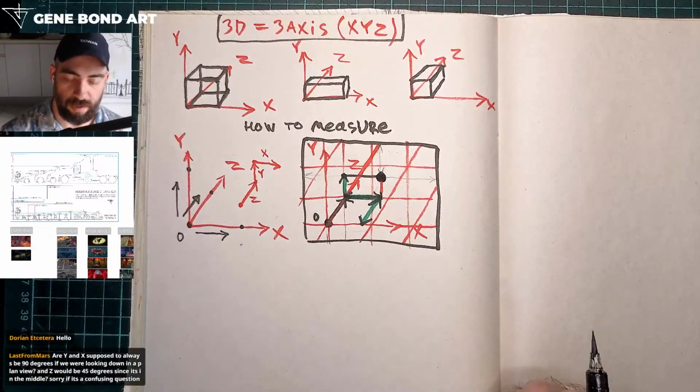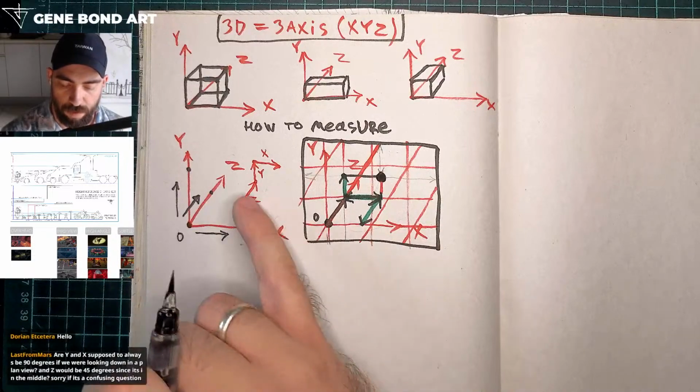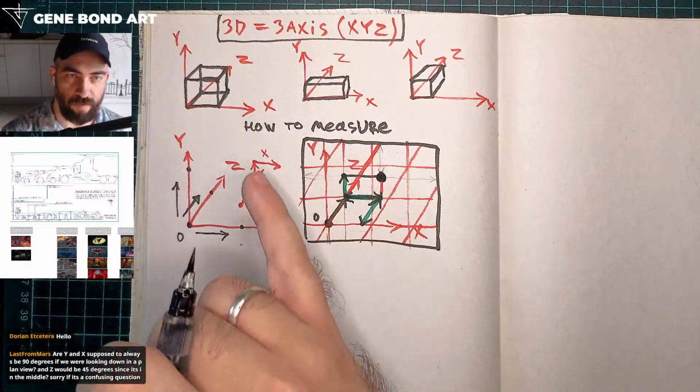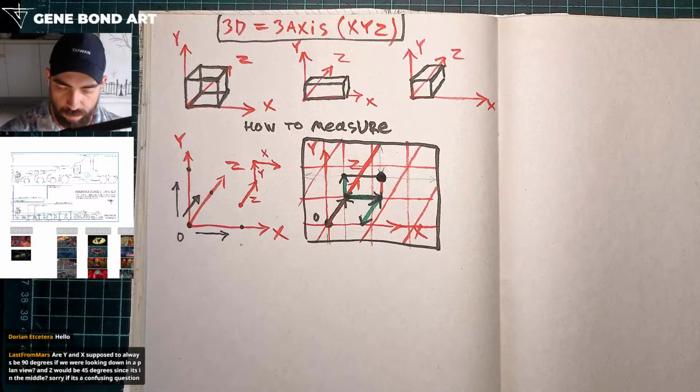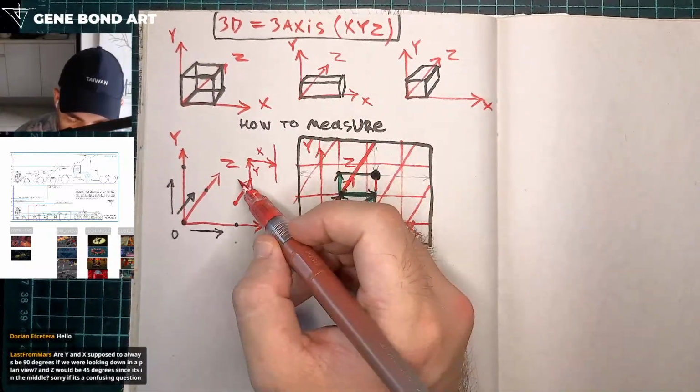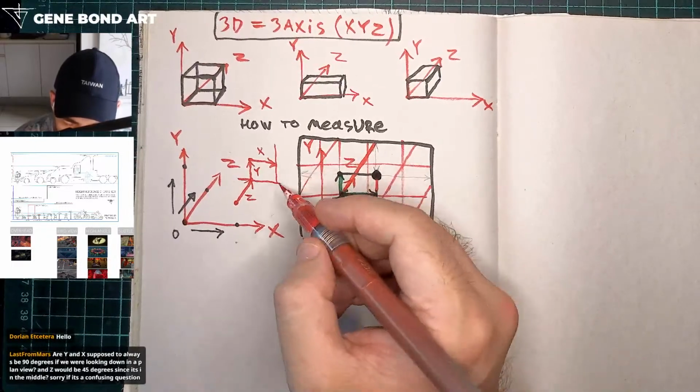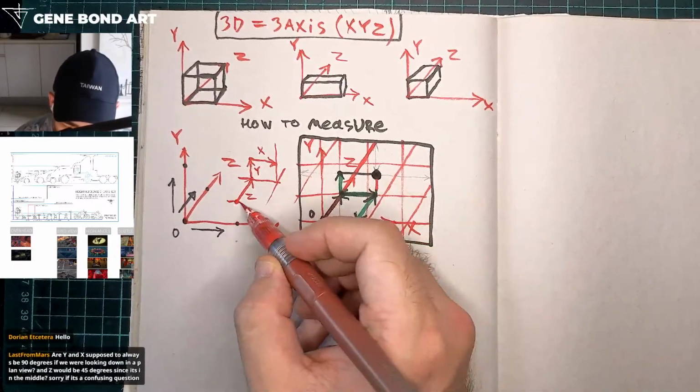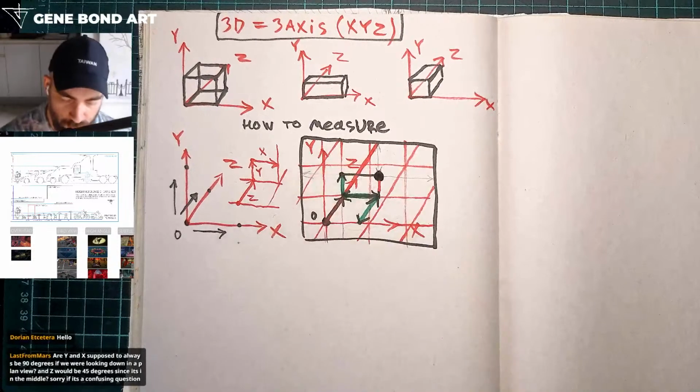So you can say how far it is from this axis, how far from this axis, and you can drop a vector. You can always drop a vector. You can say, okay, let's go this, or this, or this.